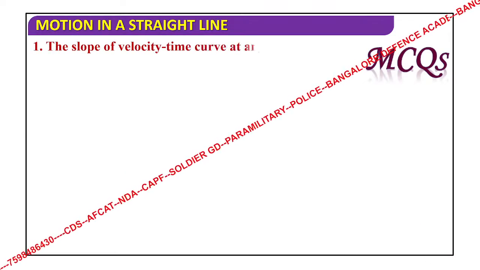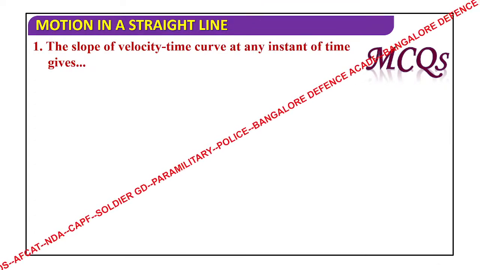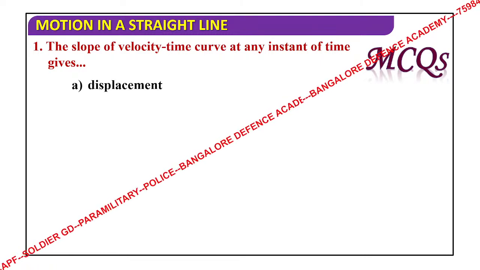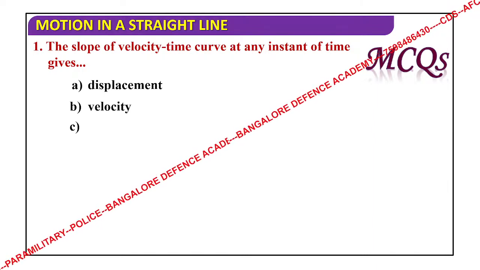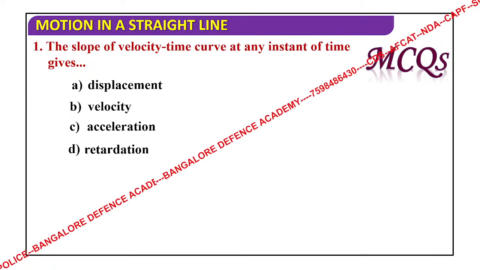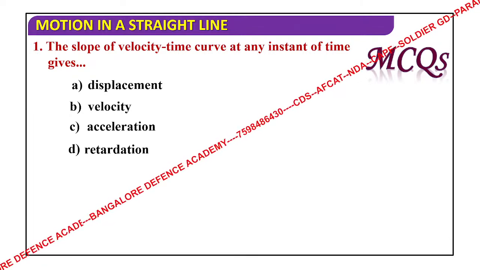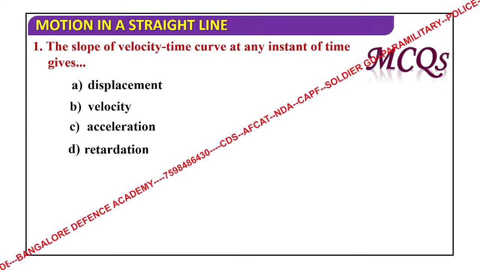Now try to answer this question. The slope of the velocity-time curve at any instant of time gives... You have just seen the velocity-time curve, what does it give you? Yes, answer. When it comes to velocity, you should remember the formula. What is the velocity formula? Displacement by time taken.